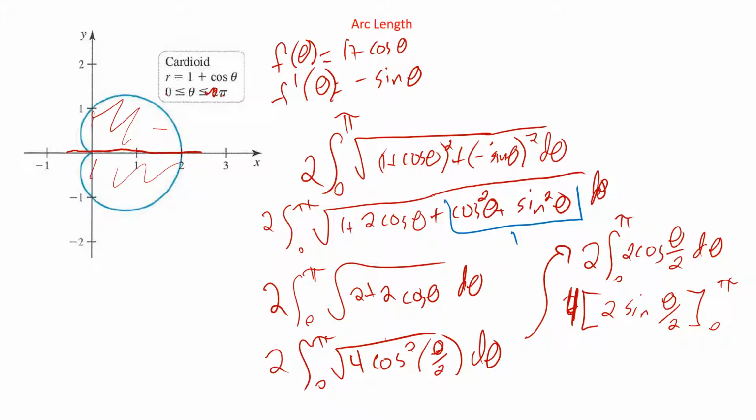Sine of pi over 2 is 1, so we get 1 times 2 is 2, minus plug in 0, sine of 0 is 0, so we get 0. So we have 4 times 2, which equals 8. So what did we just find? We found the arc length. That'd be like the circumference of this cardioid is 8, which is crazy because the circumference of a circle has pi in it. The circumference of this crazy thing is just 8. I mean, who would have thought?